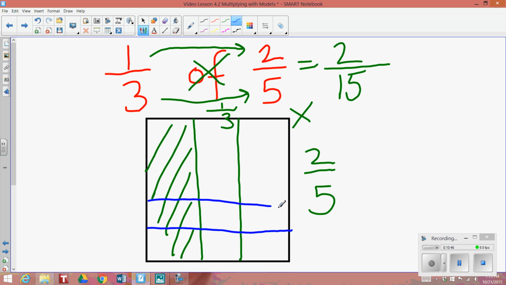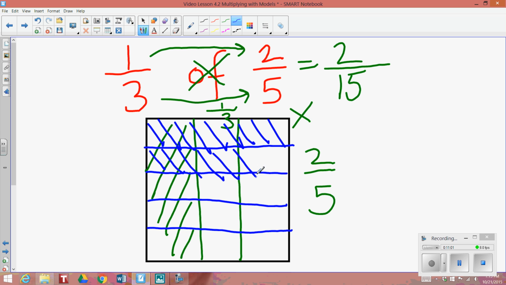So 1, I'm estimating here, 2, 3, 4. 4 lines will create my fifths. So now I shade in 2 out of the 5 pieces. Now, how many overlap? Let's circle them. 1, 2.